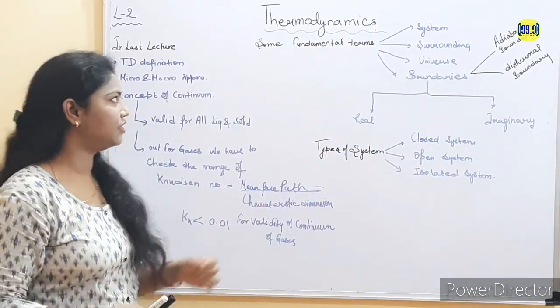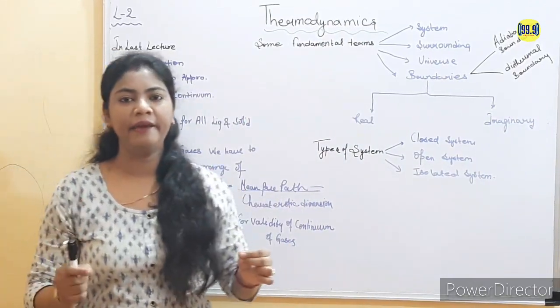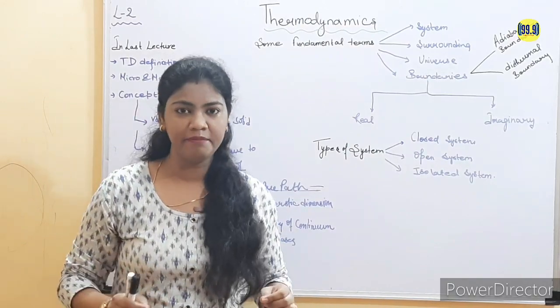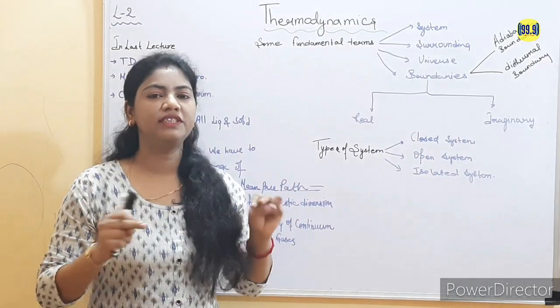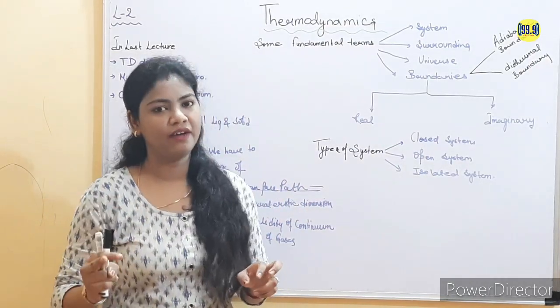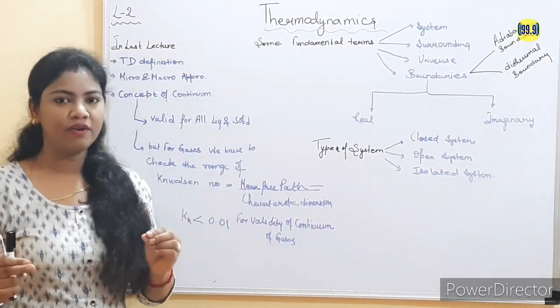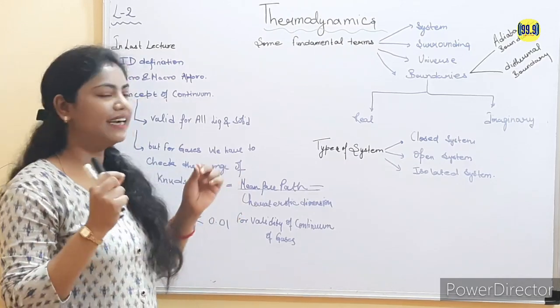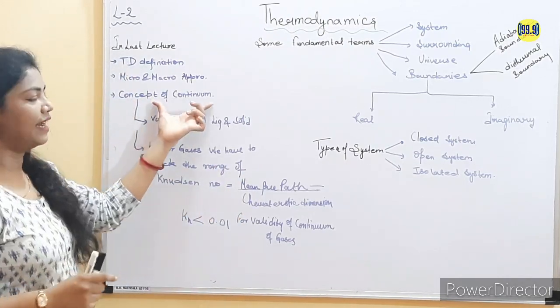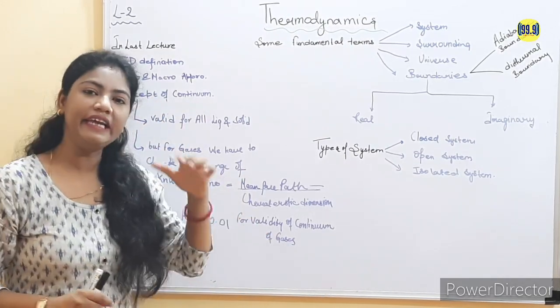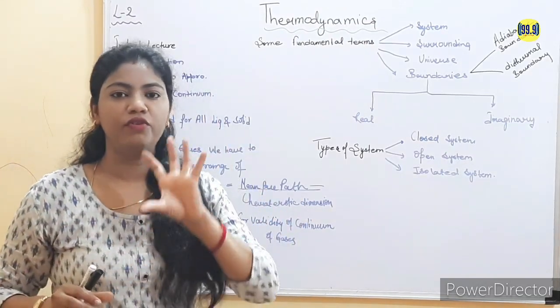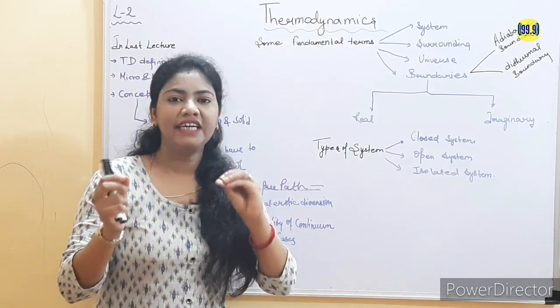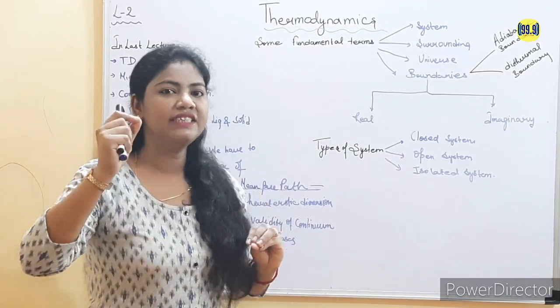In the previous lecture, we discussed the aim and the definition of thermodynamics, and then the two approaches, microscopic and macroscopic. In the case of microscopic, we used the concept of continuum that I already explained in the previous lecture, where we consider one particular amount of volume in which the microscopic approach is applied.